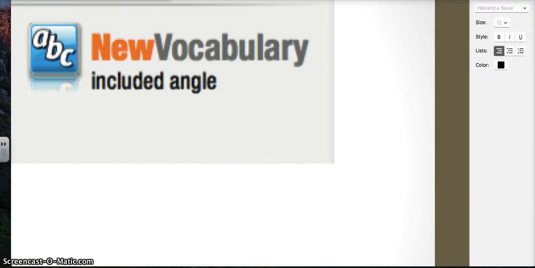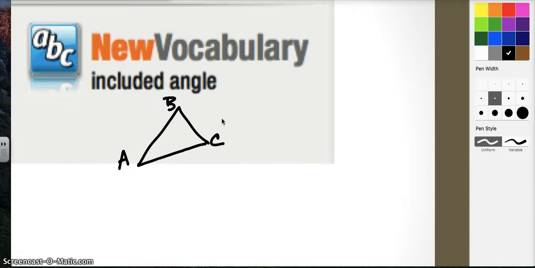So our vocabulary today is really short. It talks about what's called an included angle. Say this triangle ABC, the included angle between segment AB and segment BC would be angle B, right?